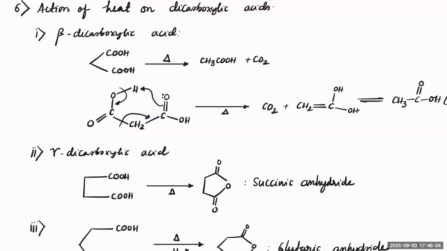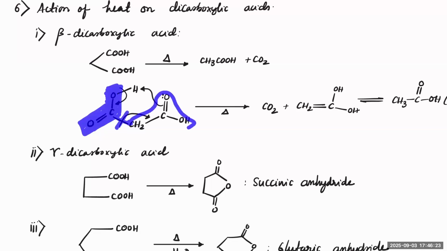Correct? So this way there is a cyclic rearrangement of bonds, by which you will notice that this bond is breaking up and this is coming out as carbon dioxide. Correct? This is completely coming out as carbon dioxide.